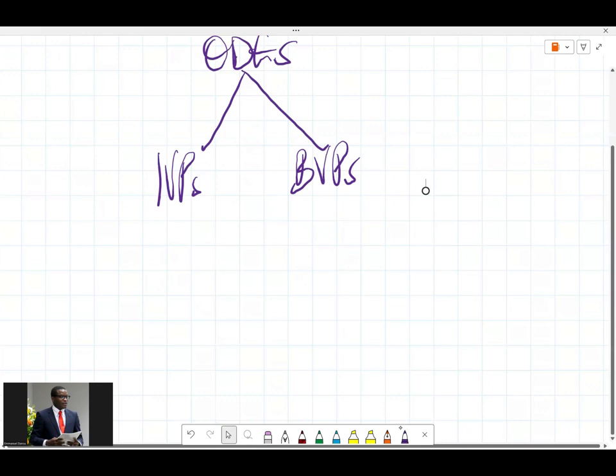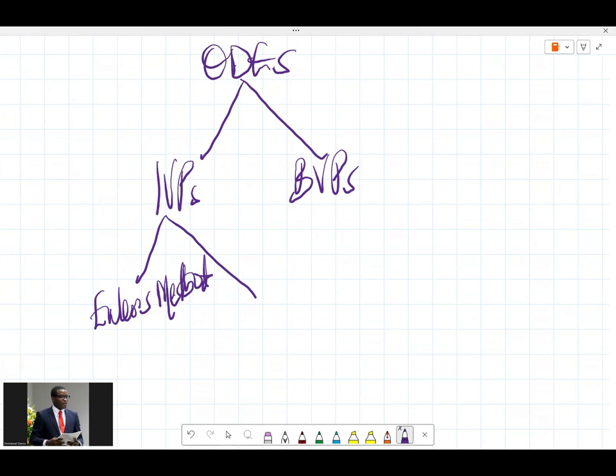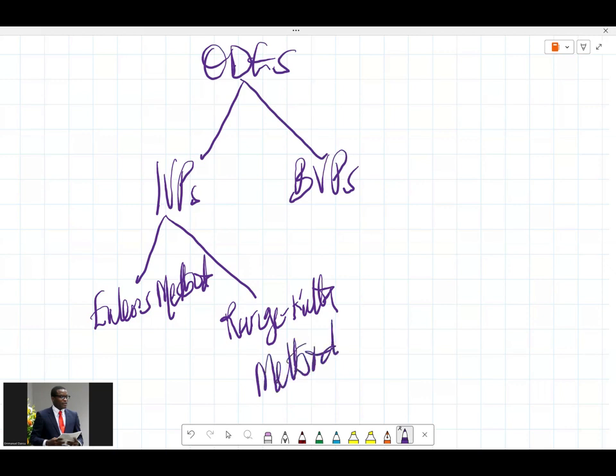They have conditions at two different ends that your equation has to satisfy. For initial value problems, we have many methods that can solve them, but we are concentrating here on Euler's method and, of course, the Runge-Kutta method. Then for boundary value problems, we have the finite difference method.